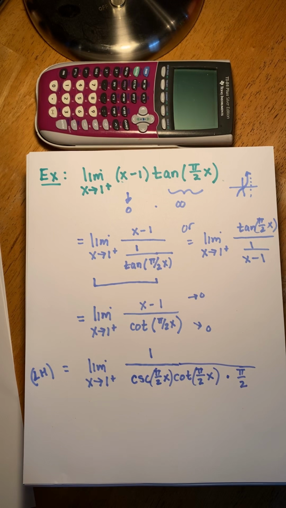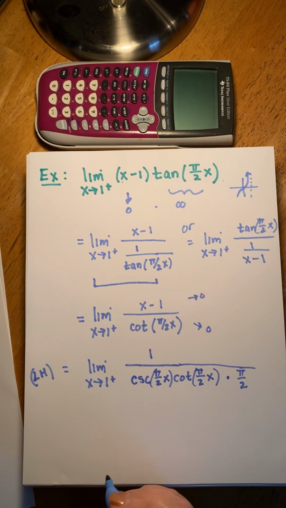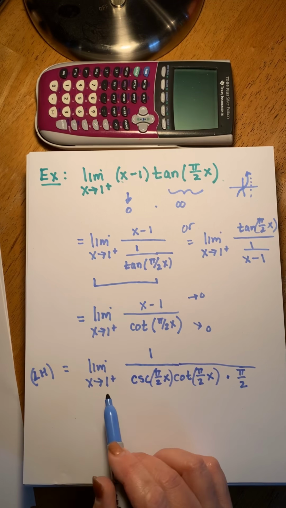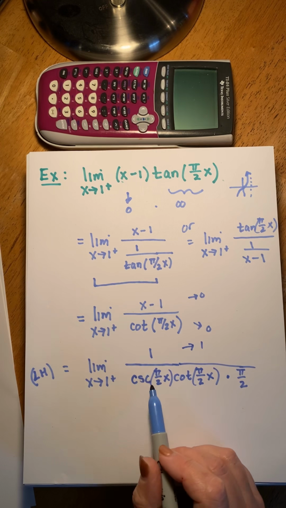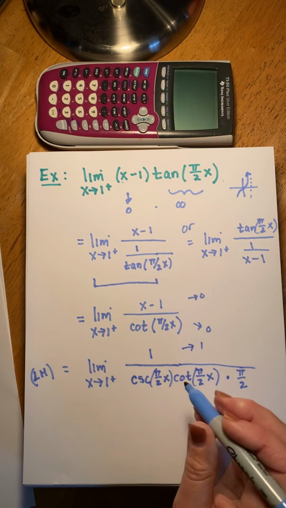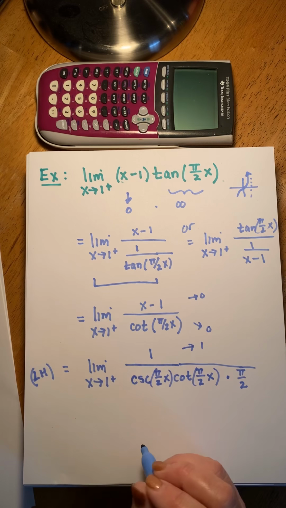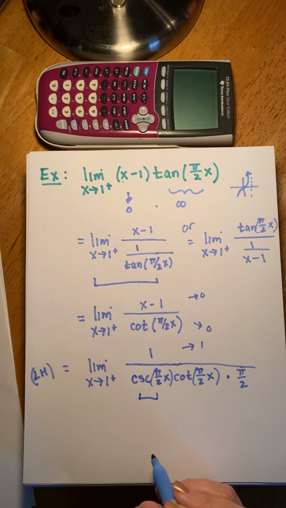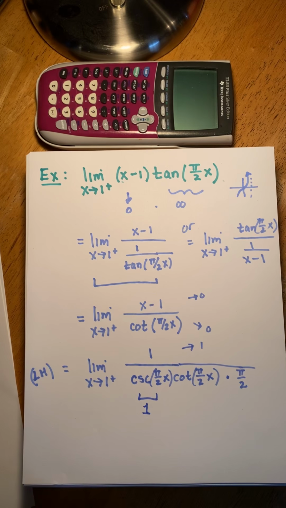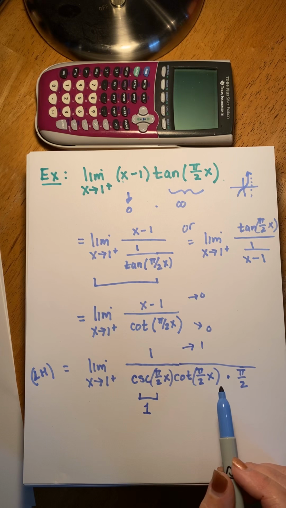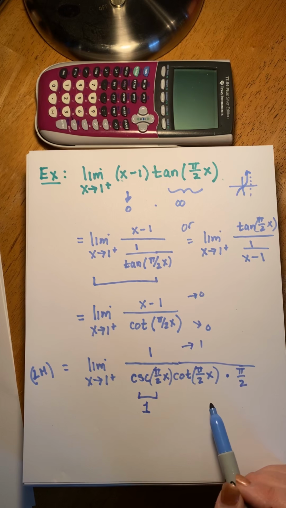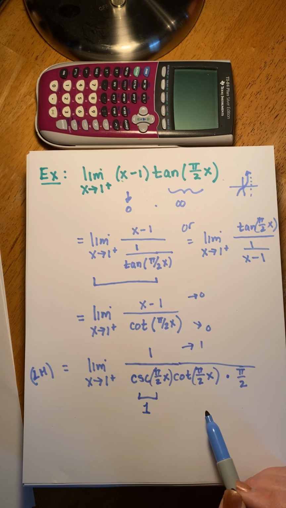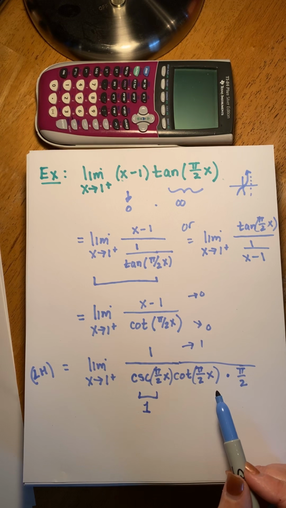Again, this depends on how comfortable you are with your trig functions. As x goes to 1, the numerator stays at 1. The cosecant of pi over 2 is 1 over the sine of pi over 2, which is 1 over 1, so this is just 1. The cotangent of pi over 2 would be the cosine over the sine, and the cosine of pi over 2 is 0.